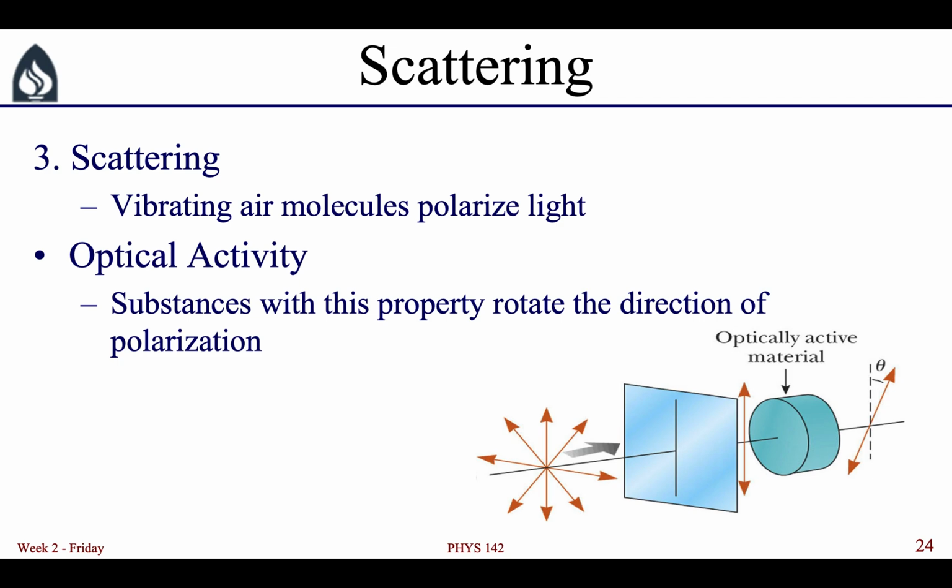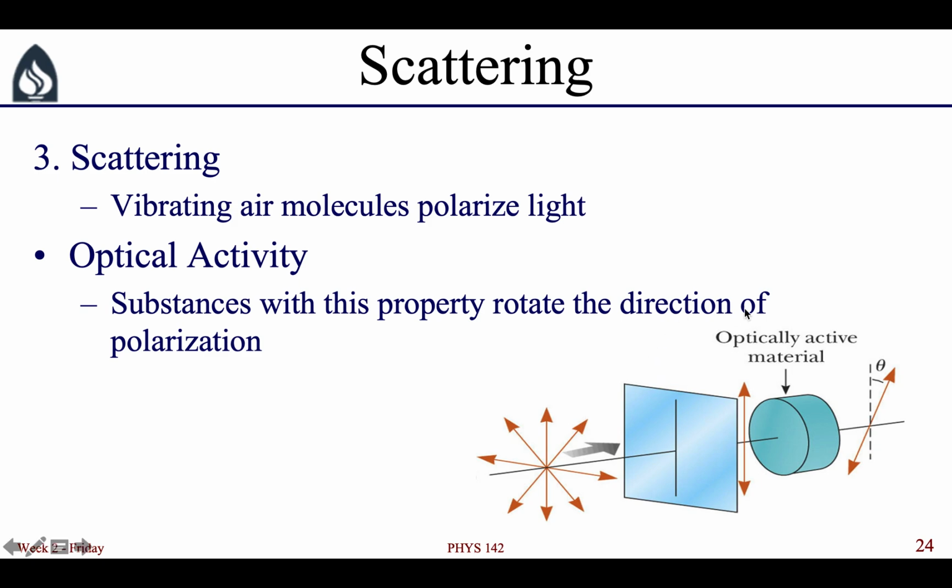The third way in which you can get polarization is through scattering. Vibrating air molecules will polarize light, and so light that scatters around through the atmosphere can become polarized with this process. Another thing to be aware of with polarized light is optical activity. There are substances that have the property of optical activity, and they will rotate the direction of polarization.